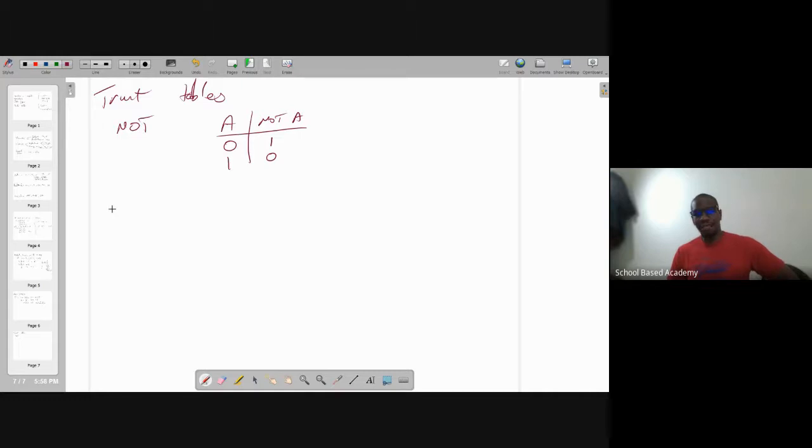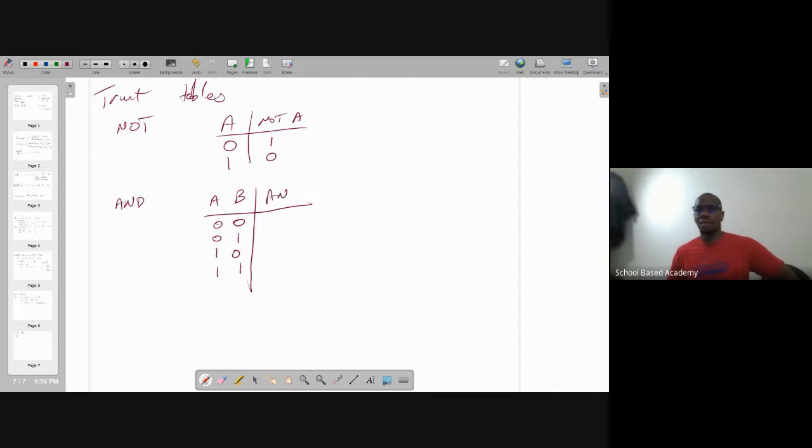If we have to take a look at and, it joins 2 variables. So we have a and b, and we could have all possible combinations of a and b. 0 and 0, 0 and 1, 1 and 0, 1 and 1.